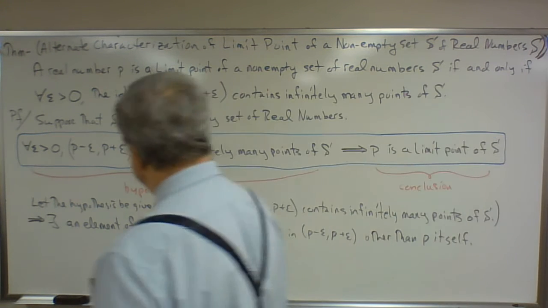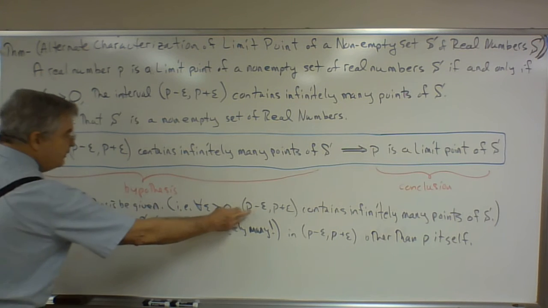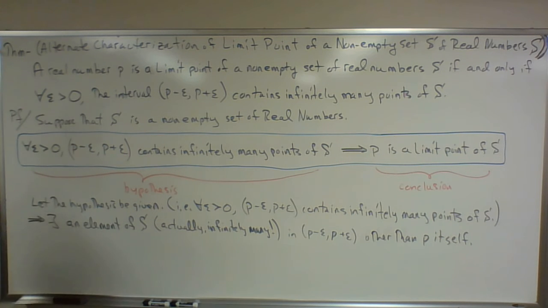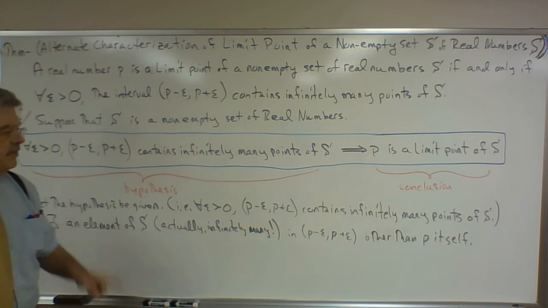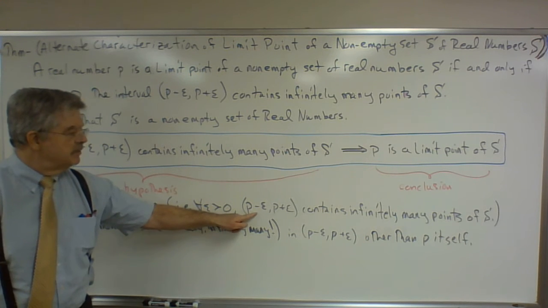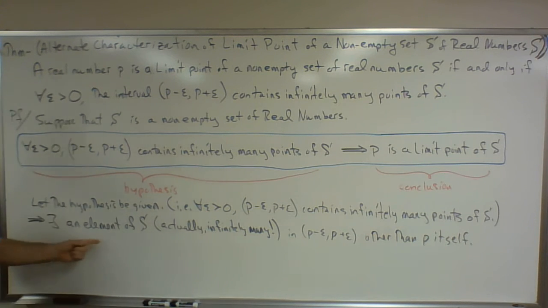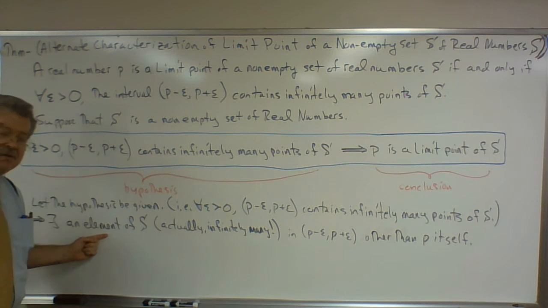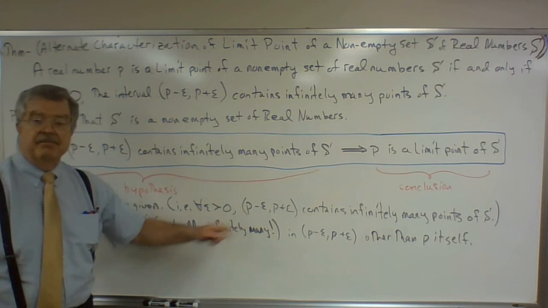So there are infinitely many elements of S in this interval, and at most only one of those elements of S is equal to P. So pick an element of S other than P that's in this interval.